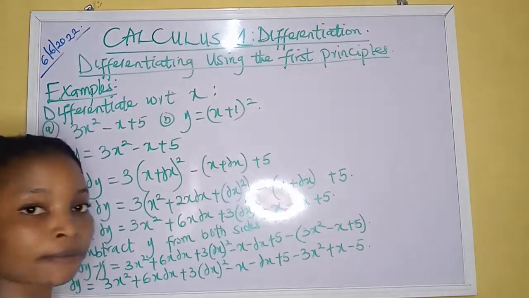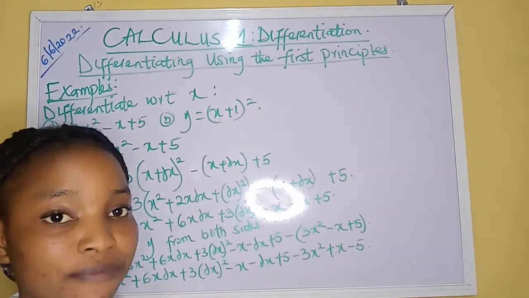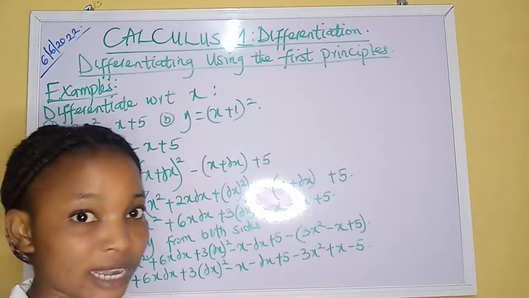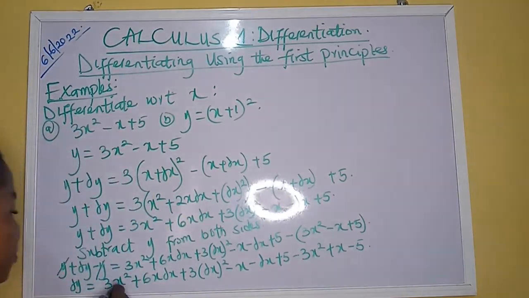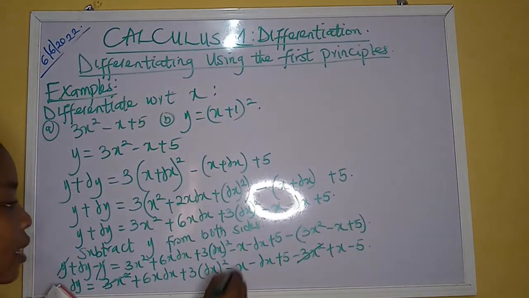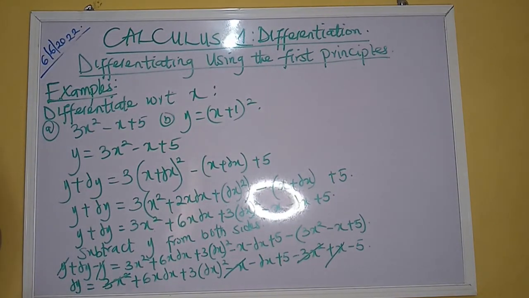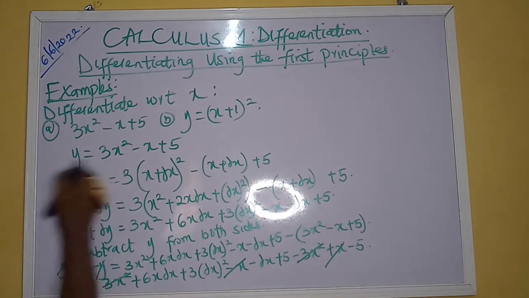minus 5. And because we have similar numbers, similar coefficients here, the next thing to do is to cancel them out. So the 3x squared goes, the minus x goes out, so we'll move to the next stage.